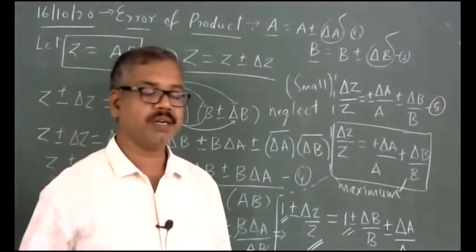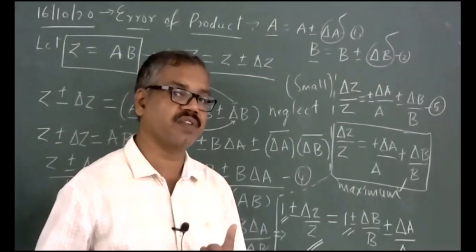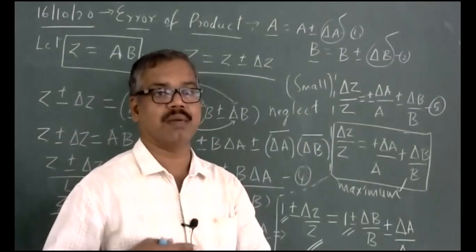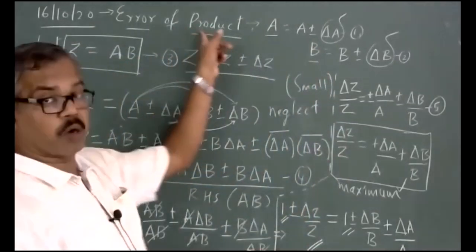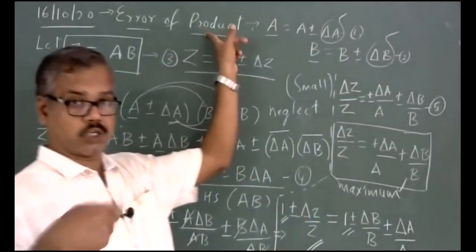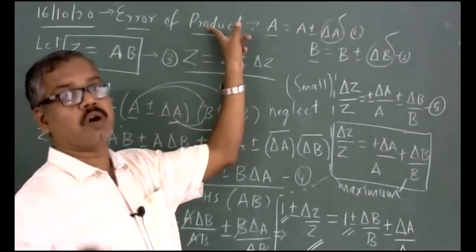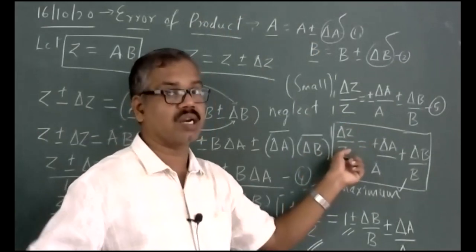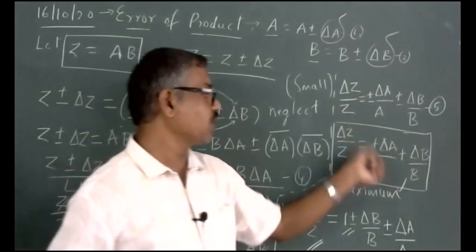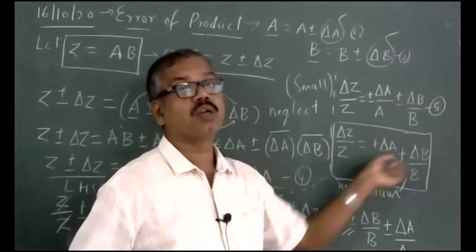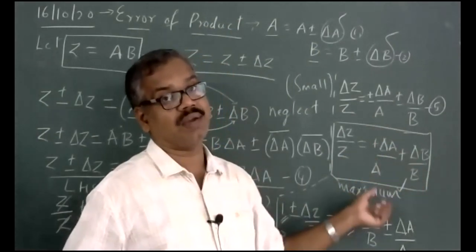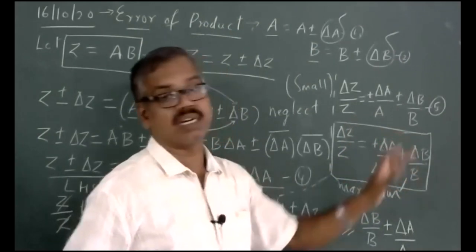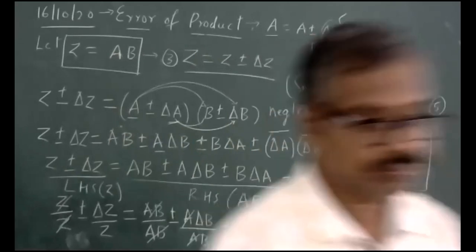One interesting aspect: when you have the error of a sum or a difference, you notice delta Z is equivalent to delta A plus delta B. When you go for a product or a ratio, the error of a product or a division, it is not delta Z, it is delta Z by Z, called the relative error. The relative error is equivalent to the sum of the individual relative errors, meaning delta Z by Z is equivalent to delta A by A plus delta B by B. Okay, good.